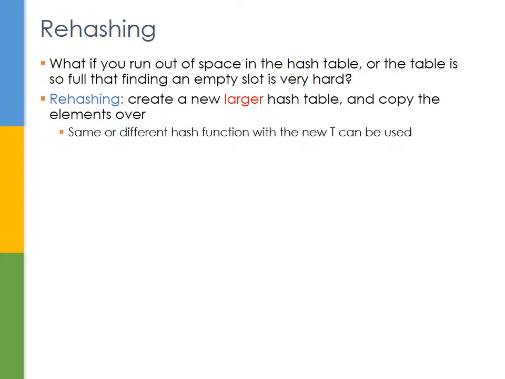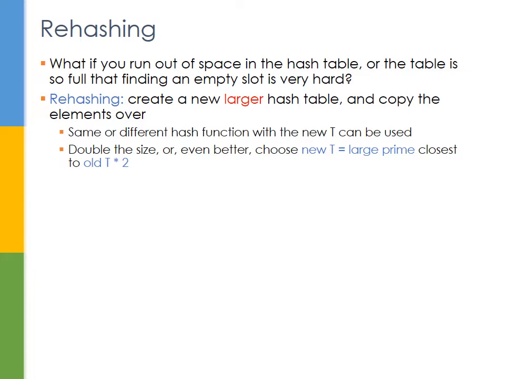If you want to rehash your keys from a smaller hash table to a larger hash table, you can use the same hash function if you want, just make sure that you mod it by a different size of t. Or if you feel like your previous hash function was somehow suboptimal, this is also a good time to consider a different hash function.